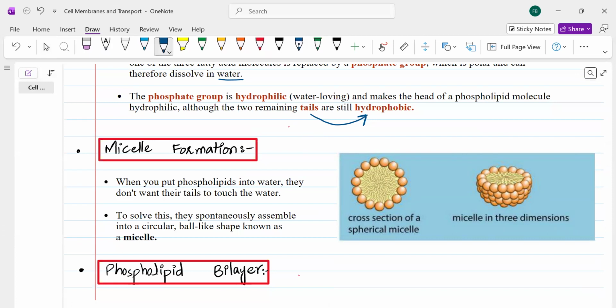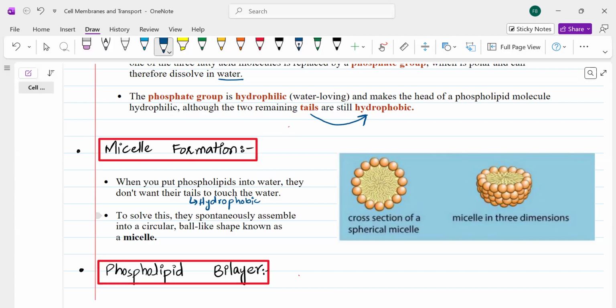Because the tails are hydrophobic in nature.